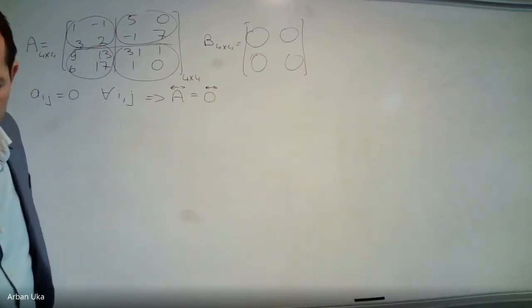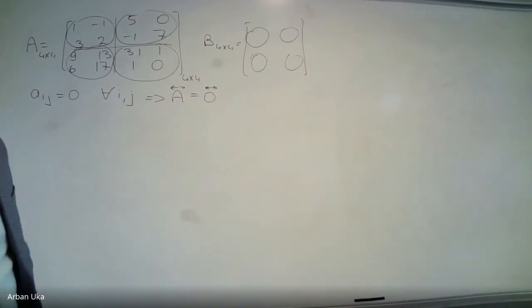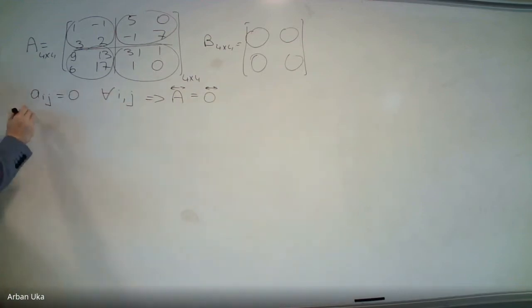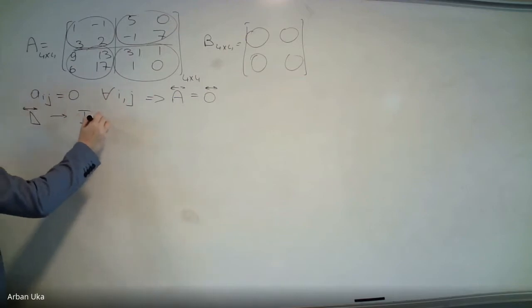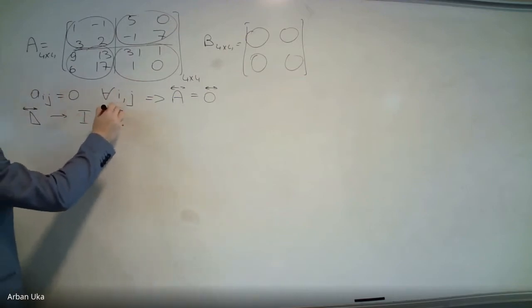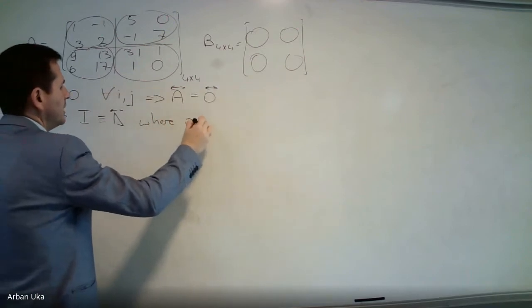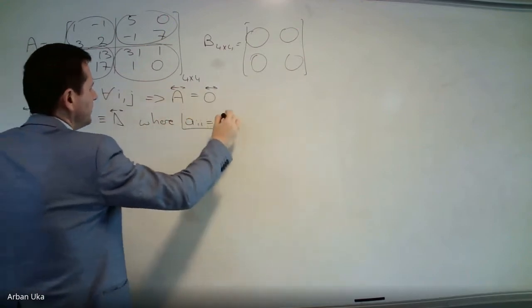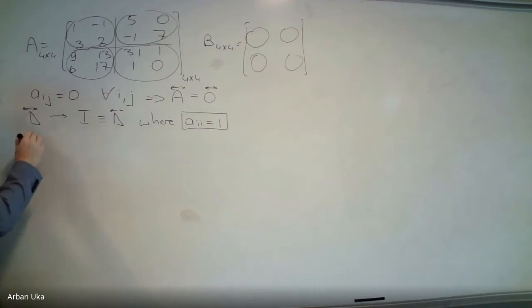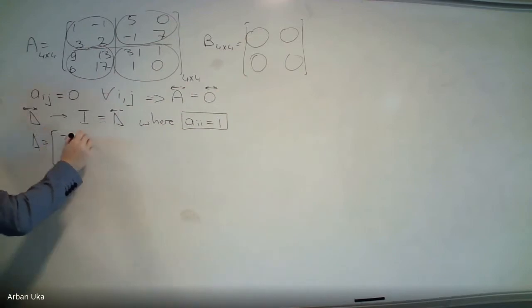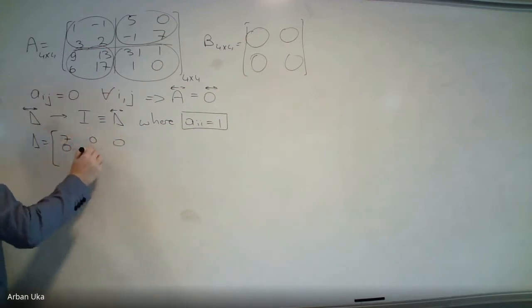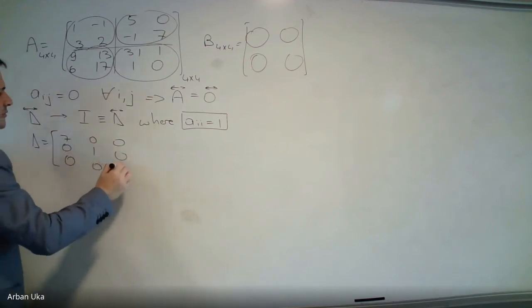Okay. Then the identity matrix. Identity matrices are diagonal matrices. For example, let B be diagonal. Then the identity matrix is a diagonal matrix where Aii is equal to 1. For example, a diagonal matrix can be 7, 0, 0, 0, 1, 0, 0, 0, -1.